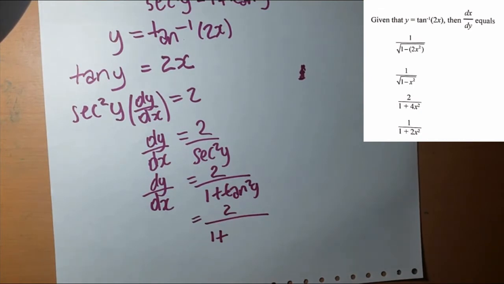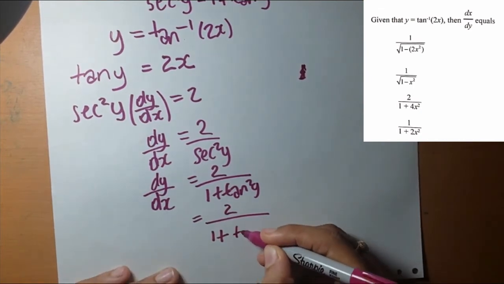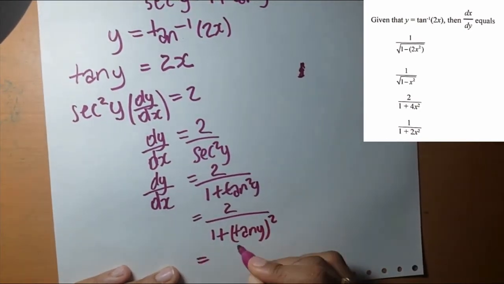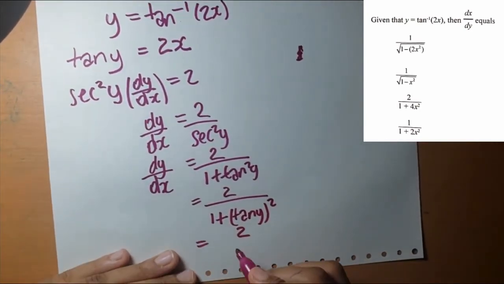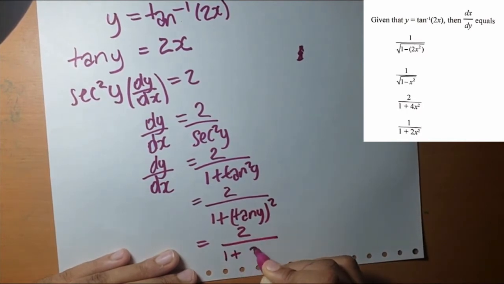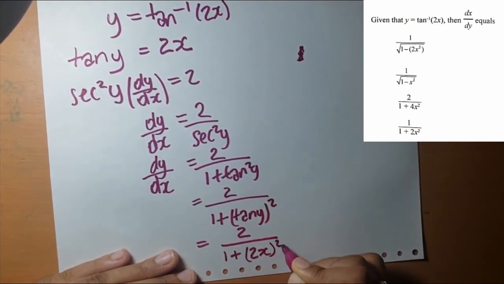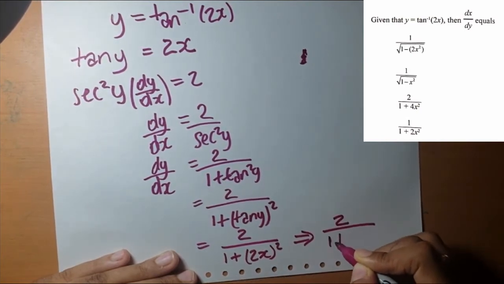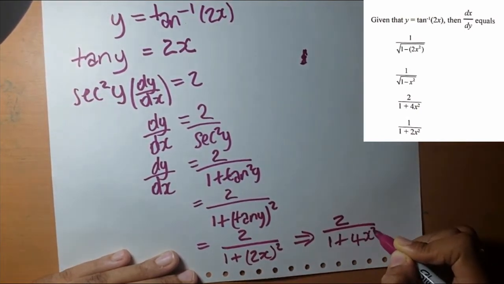So we basically have tan y all squared. So then that is 2 over 1 plus 2x all squared, and the final answer is 2 over 1 plus 4x squared.